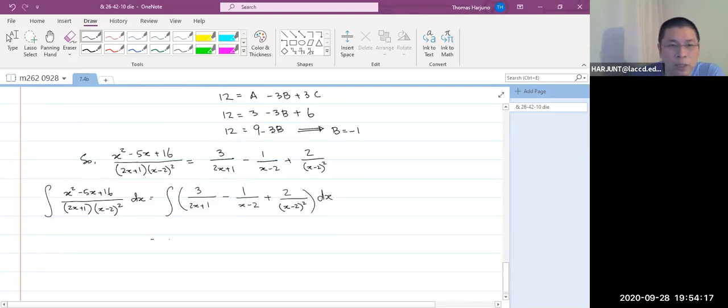Then this will be 3 over 2 natural log of 2x plus 1 minus natural log of the absolute value of x minus 2 plus, what is this, negative 2 over x minus 2, I think. Don't forget, plus constant.